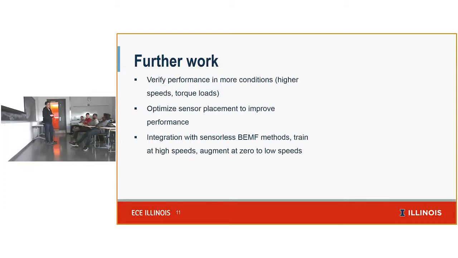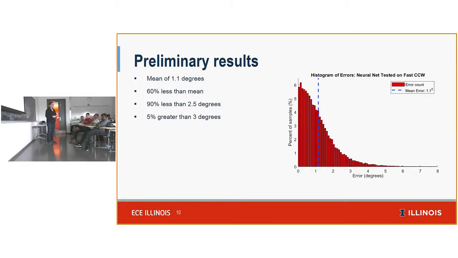A couple slides earlier, you talked about the error, like you had 1.1. What's your target for error? What's acceptable, and how much of an impact does it have, like you said, maybe you have more DQ currents than you intend? Well, right now we don't really have a set target. We are just trying to minimize it as much as possible, but in the end it's limited by our whole setup.